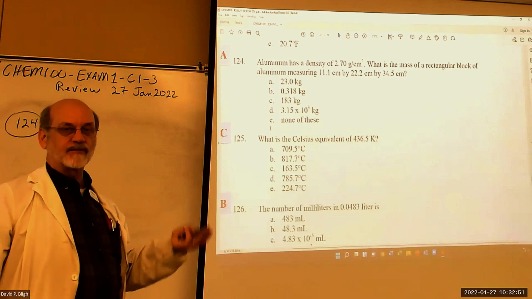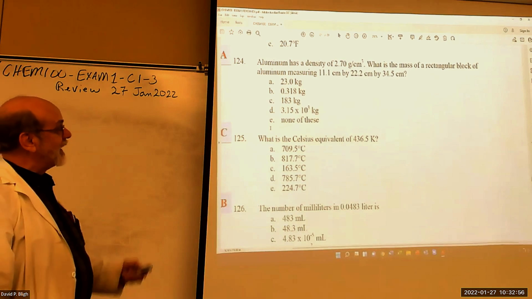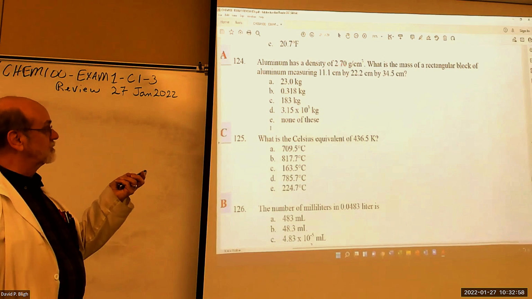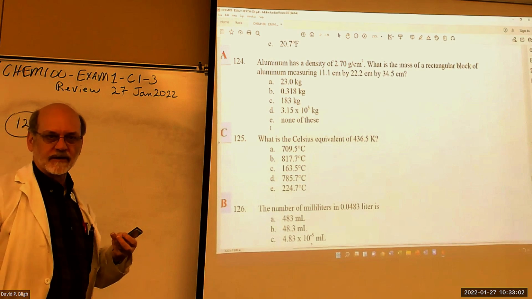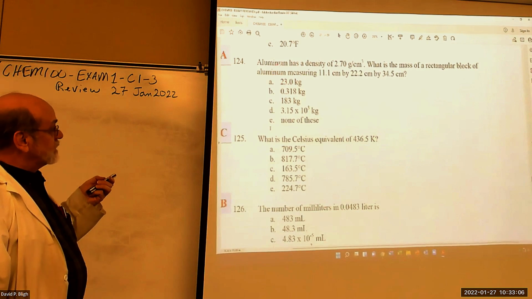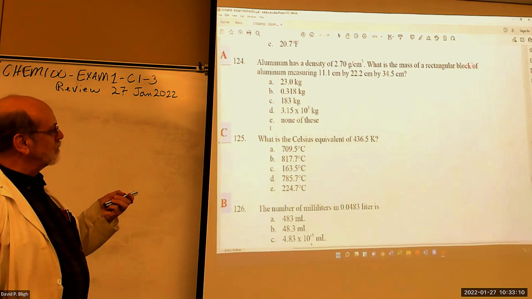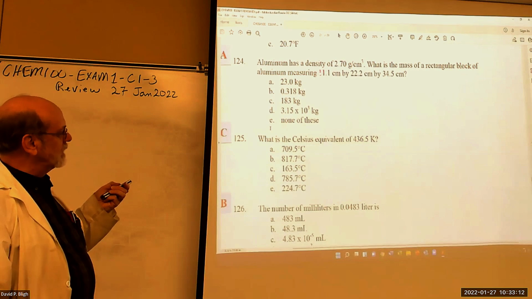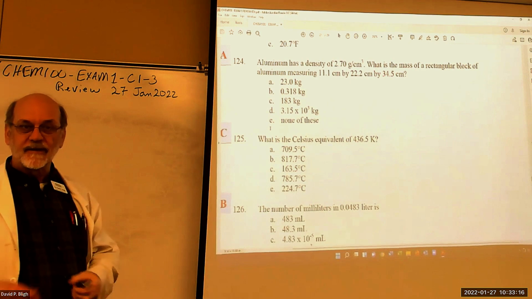For liquids, it's grams per milliliter. That's just by convention. But in fact, they're exactly the same numbers. Grams per milliliter will be the same for aluminum as it is for any liquid. Okay, that's the density of aluminum. We want to know the mass of a rectangular block of aluminum measuring 11.1 by 22.2 by 34.5 centimeters.